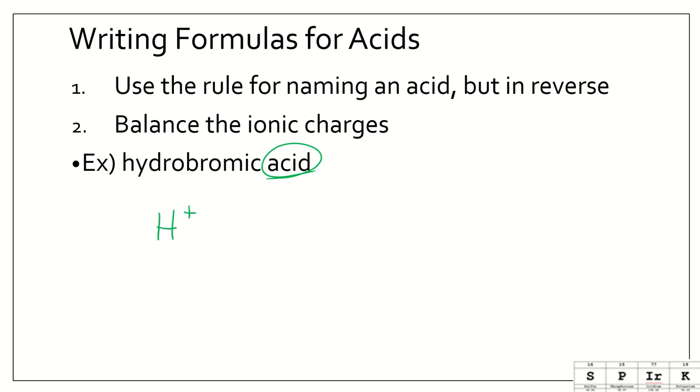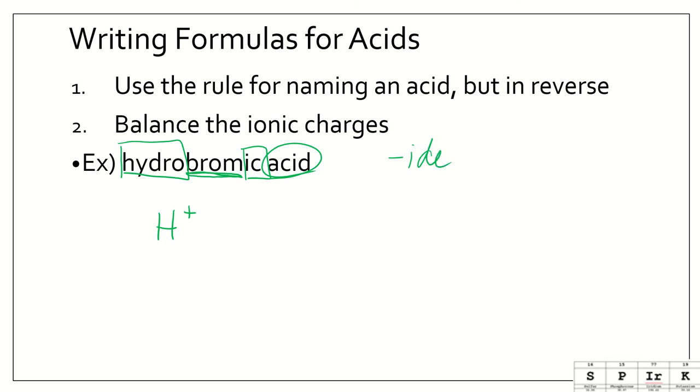Now we need to break down this word. We have the root of an element, right? Brom, B-R-O-M. That sounds like bromine. And it tells us, if you remember the rules, that since we have a prefix of hydro and an ending of ic, this came from an IDE ending.